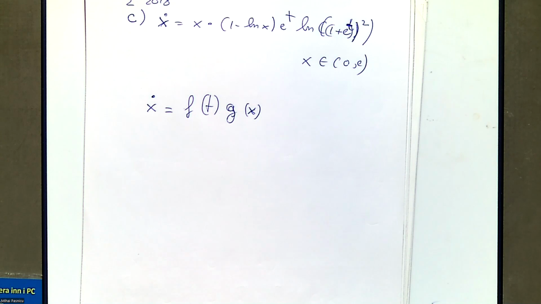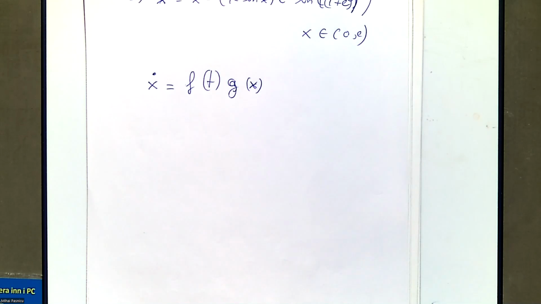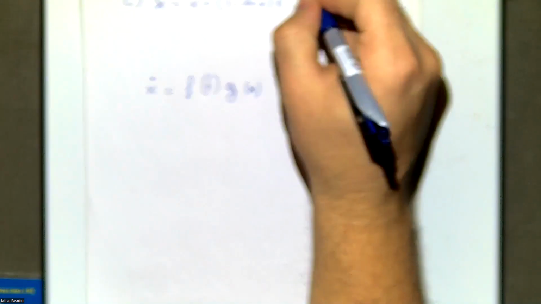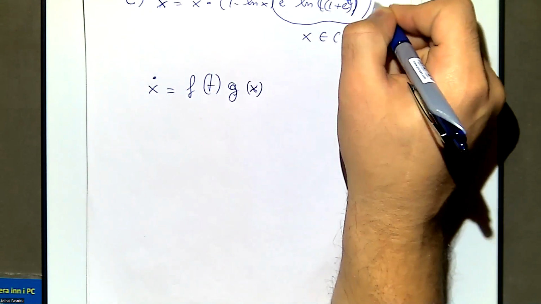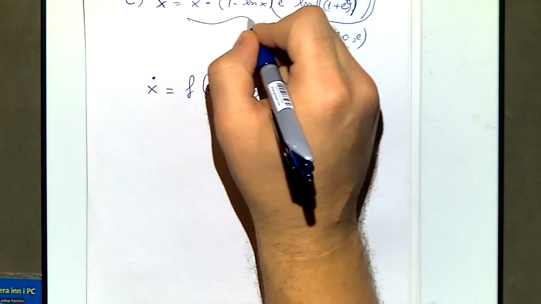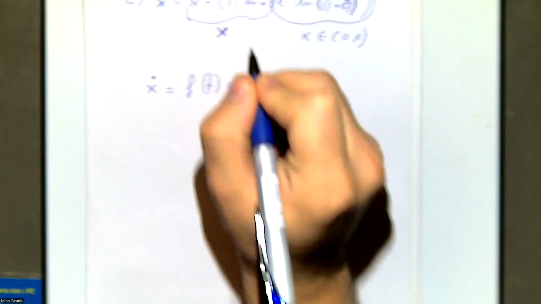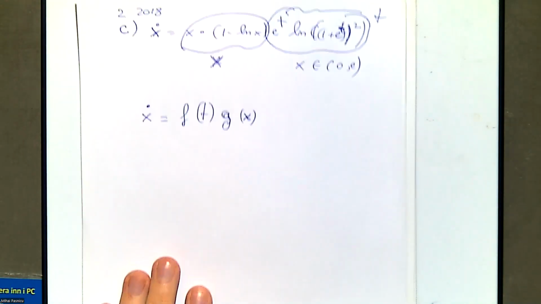By the way, I'm going to do this one, and the next problem, you choose the year, you're going to do yourselves. So now I'm just going to identify. This part has t over here, and apparently only has t, and this part only has x, right? That's my observation.